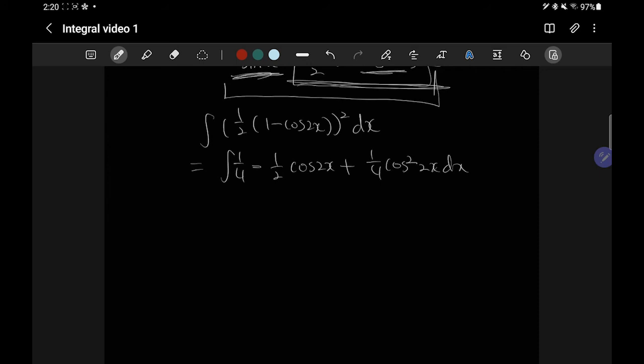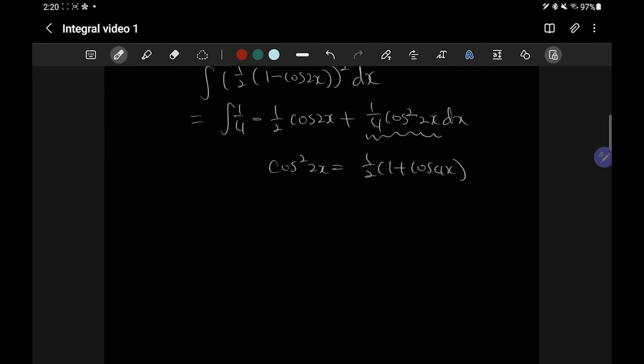We can do the same thing again to this last term, where we replace cosine squared 2x by another trig identity, where cosine squared 2x equals 1/2 times 1 plus cosine 4x. Note, this equation comes from the identity cosine squared x equals 1/2 times 1 plus cosine 2x, except the x is now replaced with a 2x.